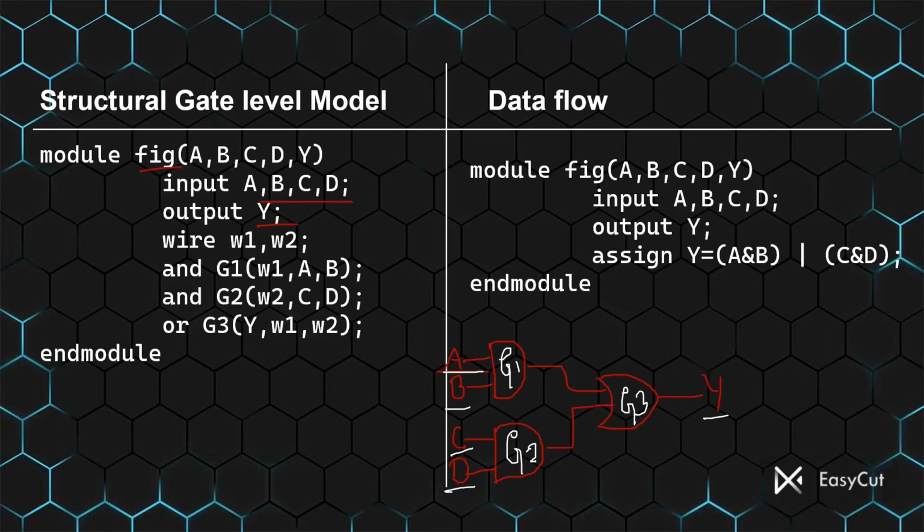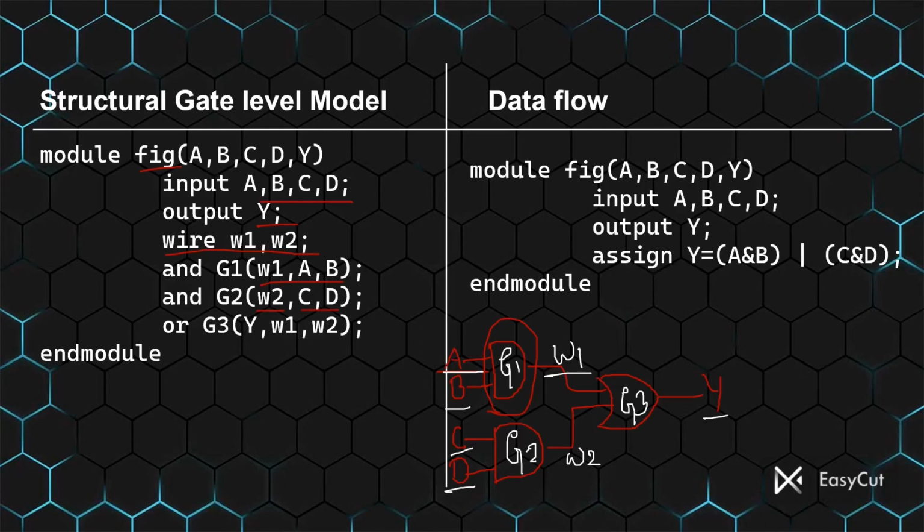For G2, C and D are the inputs. For the outputs, let me write wire W1 and wire W2. The inputs for the G3 OR gate are W1 and W2. So declare it here: wire W1, W2. Here this is an AND gate: and G1, where the output is W1 and the inputs are A, B. Then another AND gate G2, where W2 is the output and C and D are the inputs.